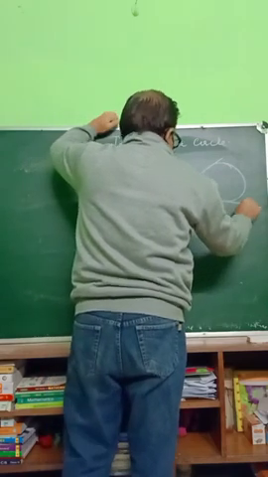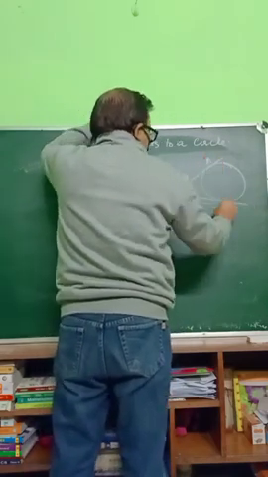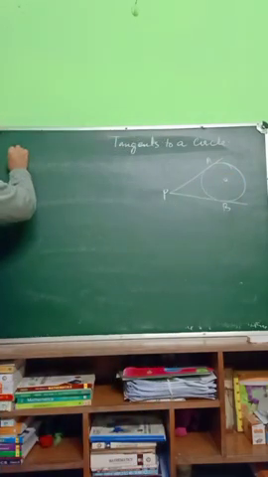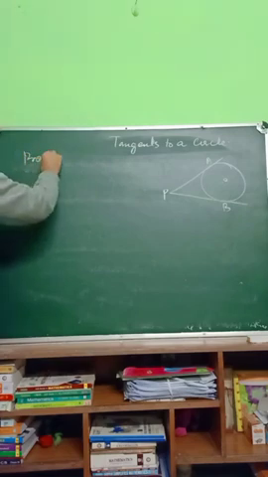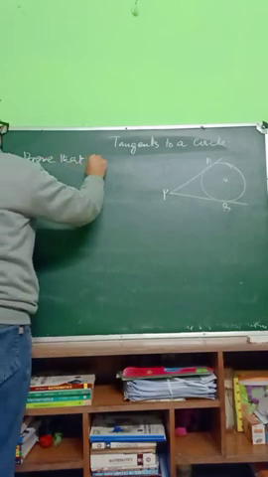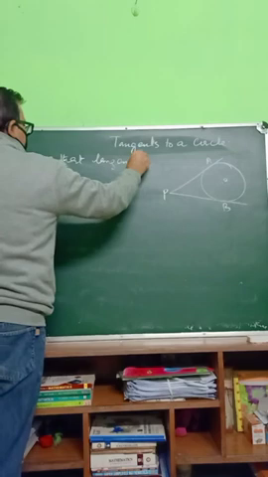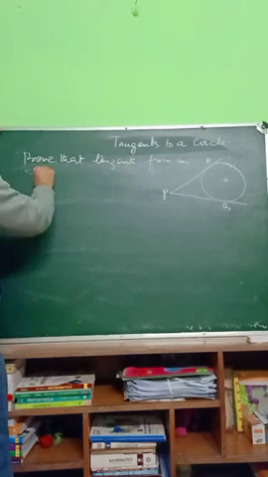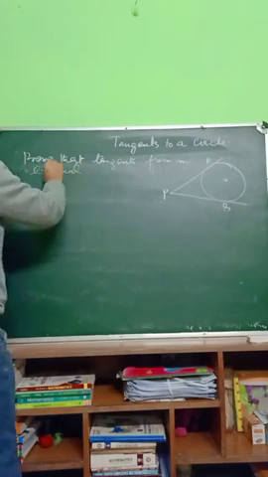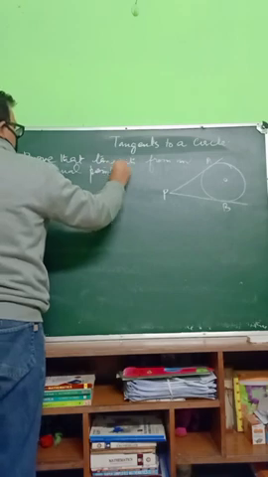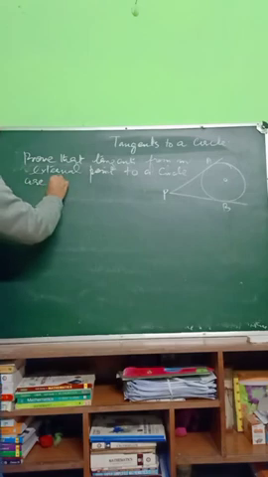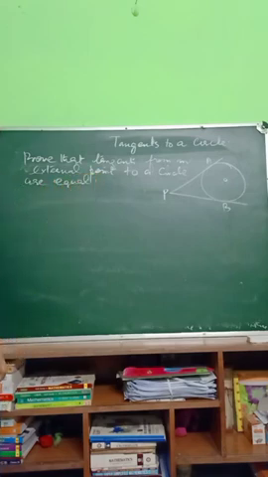This is PA and PB, with center O given. It states that tangents from an external point to a circle are equal. This we have to prove.